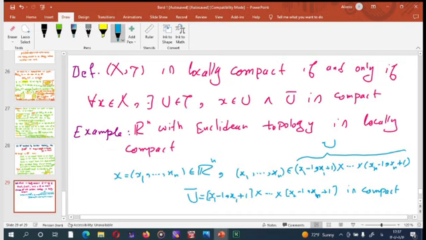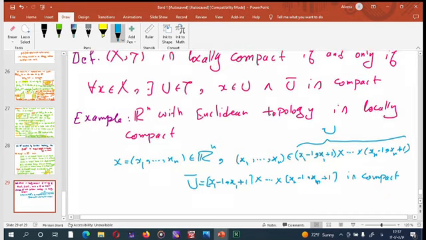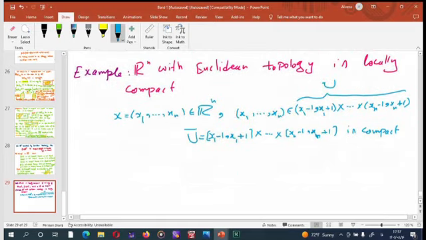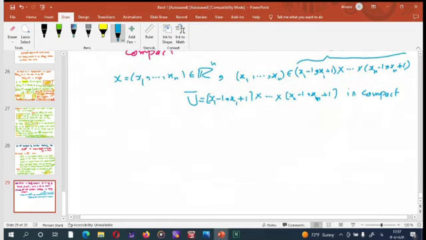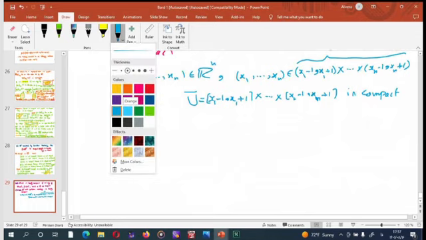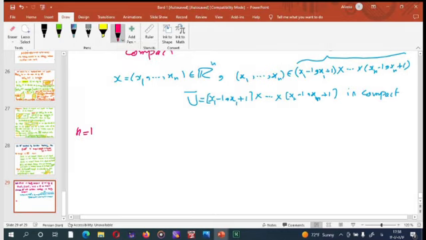Okay, for example, in the case n equal 1, we see this in the line, that this is a real line and this is our point.